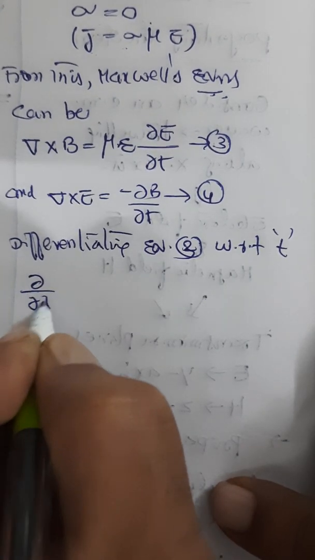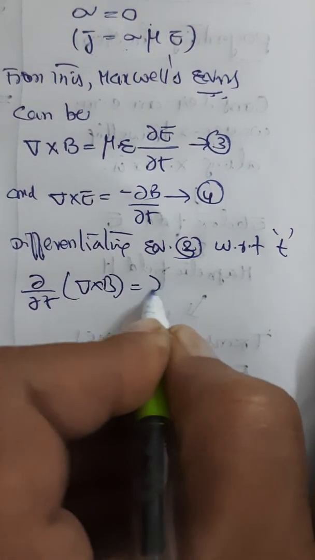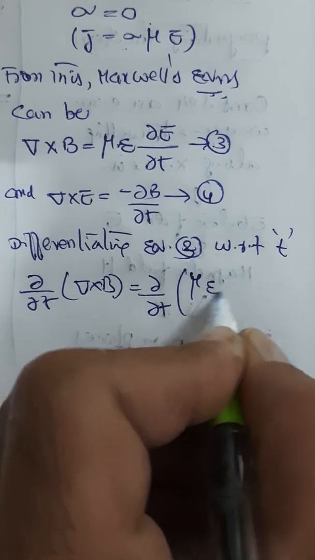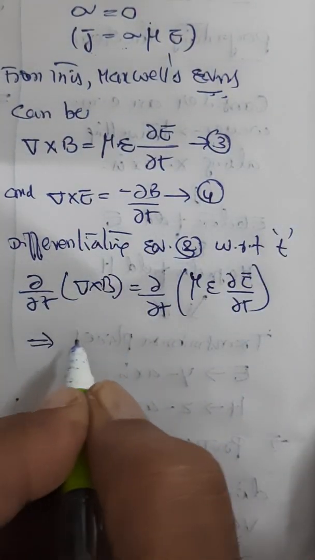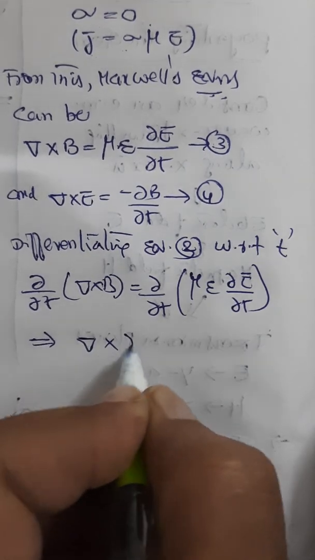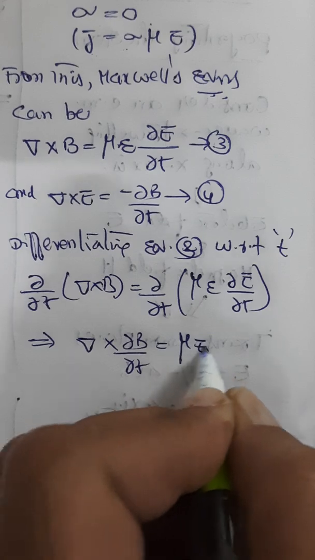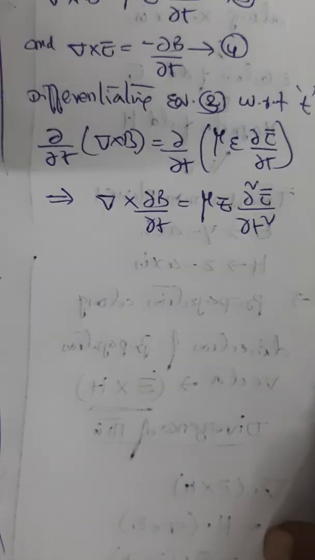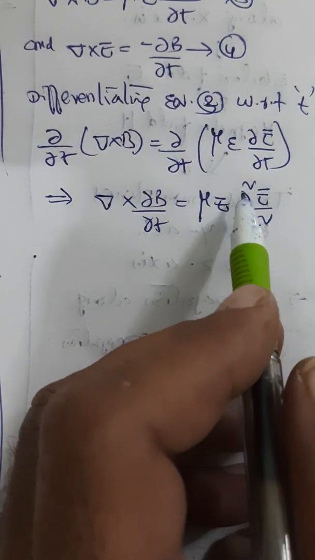Dou by dou T of del cross B will become dou by dou T of mu epsilon into dou E by dou T. That is, del cross dou B by dou T is equal to mu epsilon into dou square E by dou T square. So dou E by dou T value, you can substitute this.